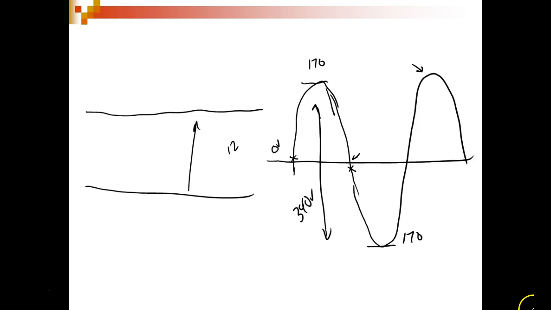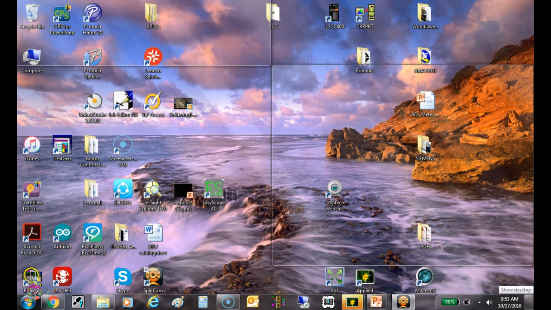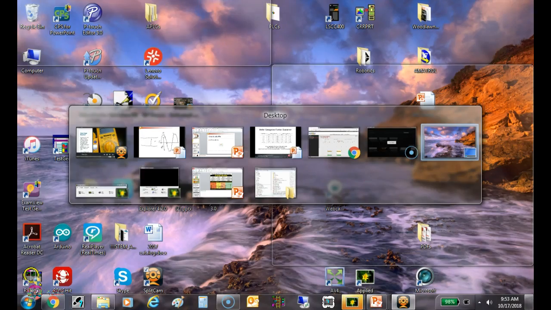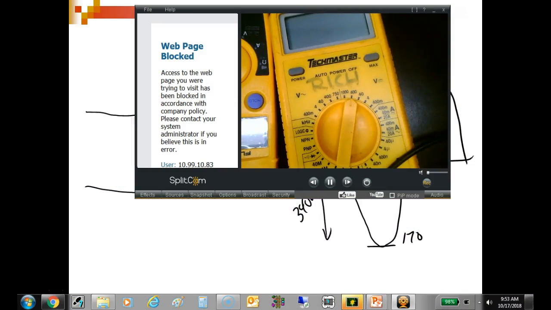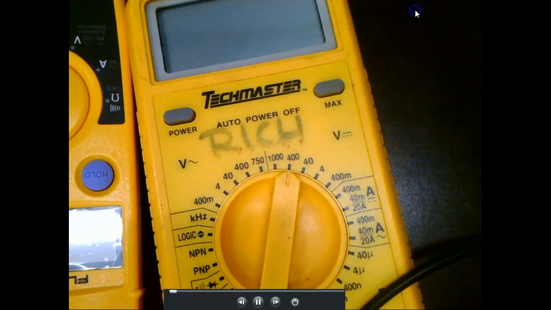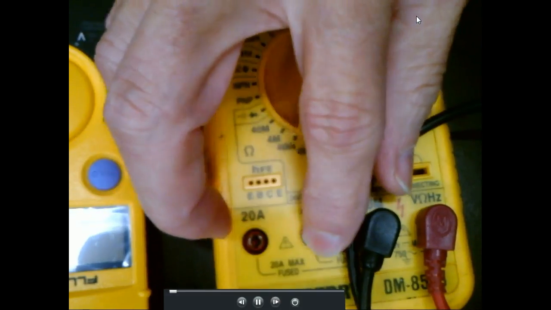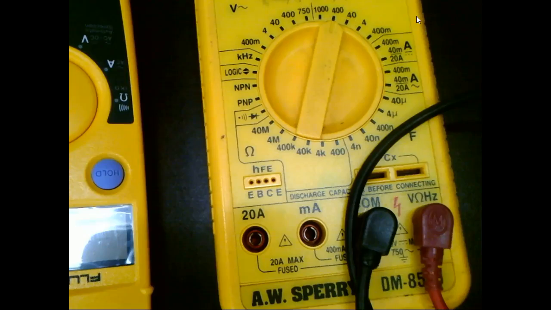Let me bring up my camera. Okay, full screen. Now this is an older meter, made before they had categories. So this gives me my maximum voltages, but it doesn't give me a category, which indicates how much surge this meter can handle, right? Understand?